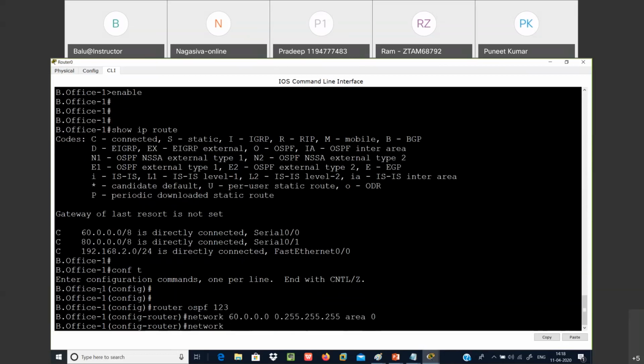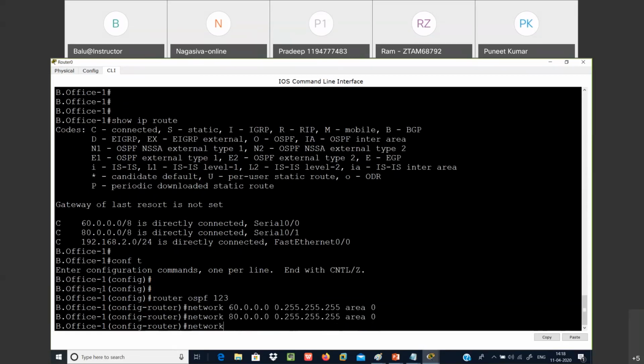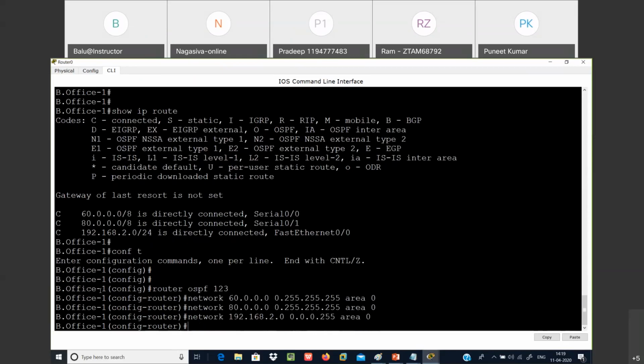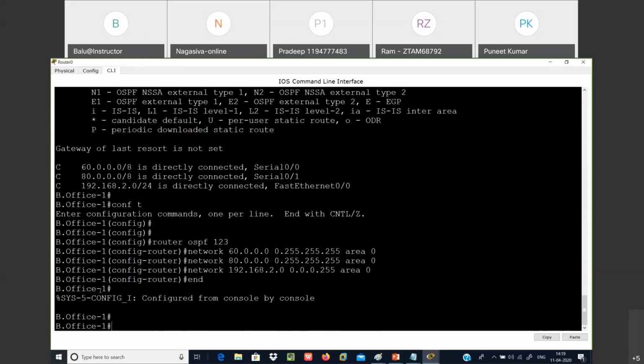Next network 80.0.0.0, 0.255.255.255, area ID 0. Last network 192.168.2.0 and the class C wildcard mask is 0.0.0.255, area 0. This I'm making use of the network command. The branch office 1 router OSPF is configured.